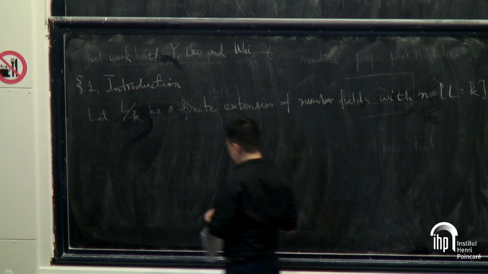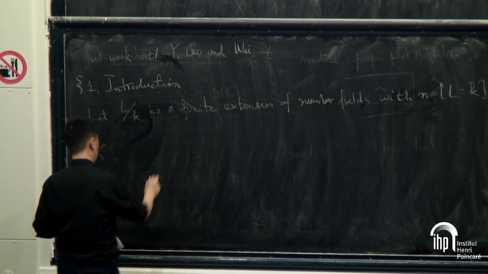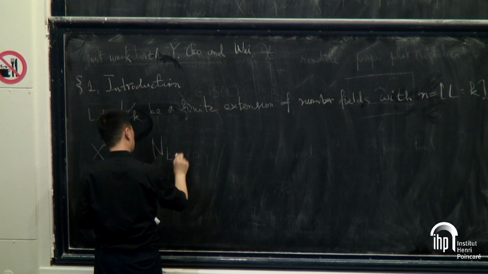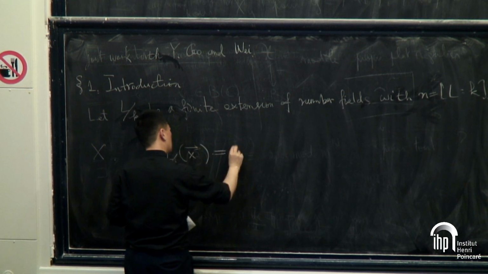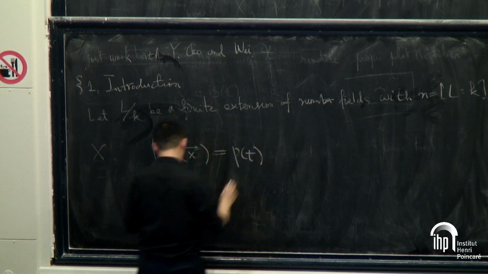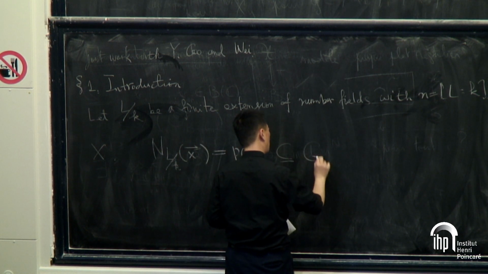What I'm interested in is this variety X, which is defined by these norm equations, the norm from L to K equal to P(t). Well, this is an affine variety in some affine space.